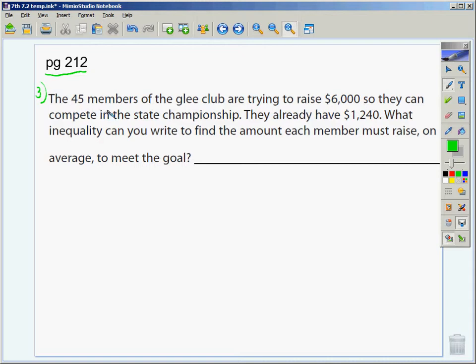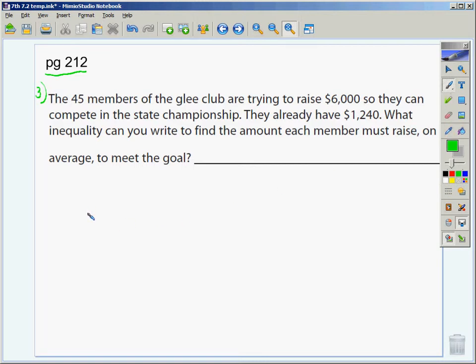It says the 45 members of the Glee Club are trying to raise $6,000 so they can compete in the state championship. They already have $1,240. What inequality can you write to find the amount each member must raise on an average to meet the goal? Is each person going to raise the same amount on an average?